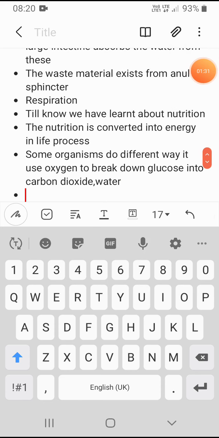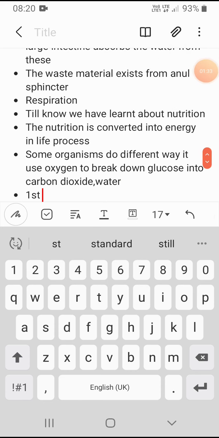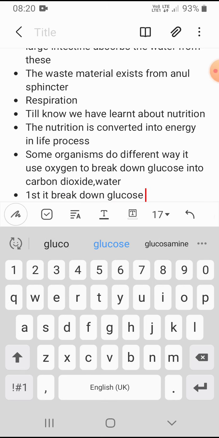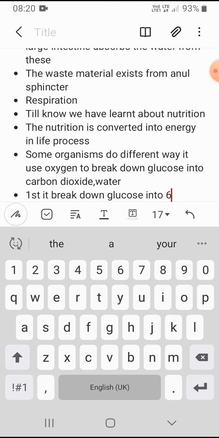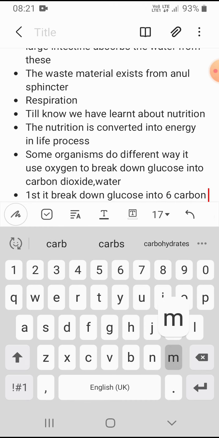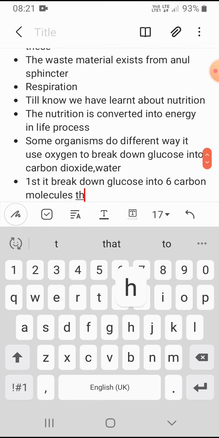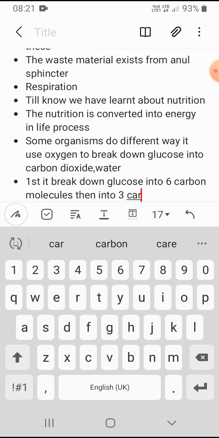So first it breaks down glucose, a six carbon molecule, into three carbon molecules. It breaks up the carbon molecules.